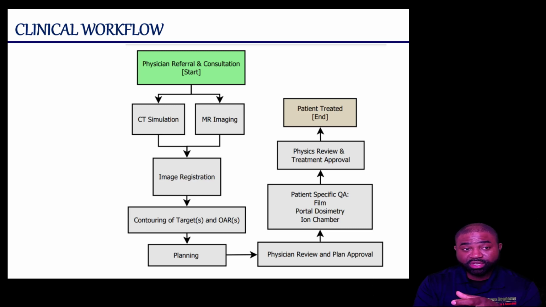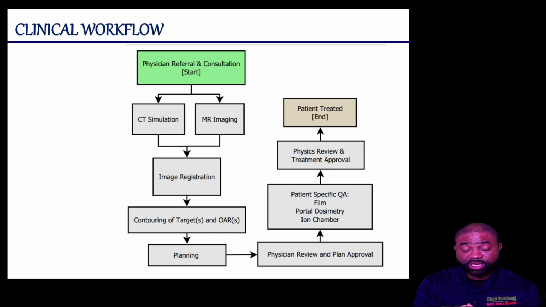In our clinic, we do both a point measurement with the use of a small volume ion chamber, such as a pinpoint ion chamber, or sometimes if the lesion is too small, we use a PSD. We also do the fluence measurement to compare the dose distribution between the plan and the delivered with the use of film.